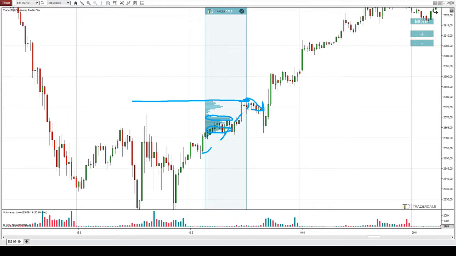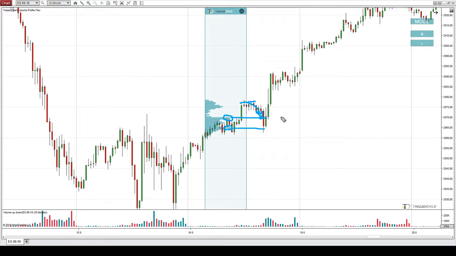So what you can do is you can quit your selling position in here or a little bit above this level, or above this level. Alright, so those are two possible take profits.